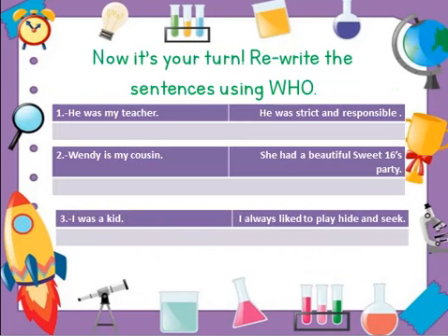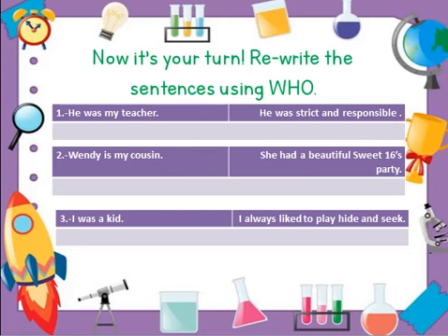Rewrite the sentences using who. Number 1 says, he was my teacher. He was strict and responsible. Number 2, Wendy is my cousin. She had a beautiful sweet 16th party. And number 3, I was a kid.